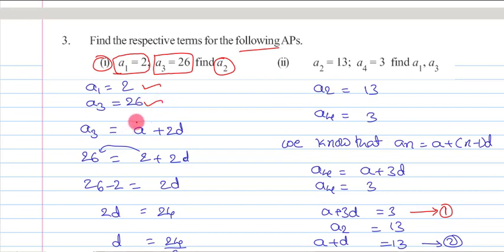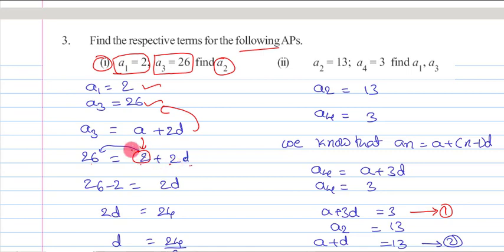We know the third term of AP is A plus 2D, and this is equal to 26. So we can write 26 is equal to 2 plus 2D. From where did you get this 2? I substituted A as 2. So we got the equation 26 is equal to 2 plus 2D.